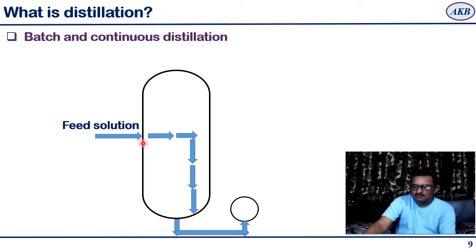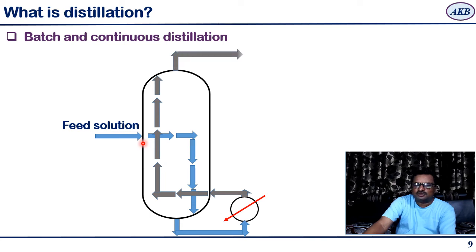In the reboiler, it is heated and the resulting vapor phase is admitted into the column at the bottom. After entering the column, the vapor phase rises through the column and is taken out from the top. Then it is sent to the condenser. Heat is removed in the condenser so that the vapor phase gets condensed.